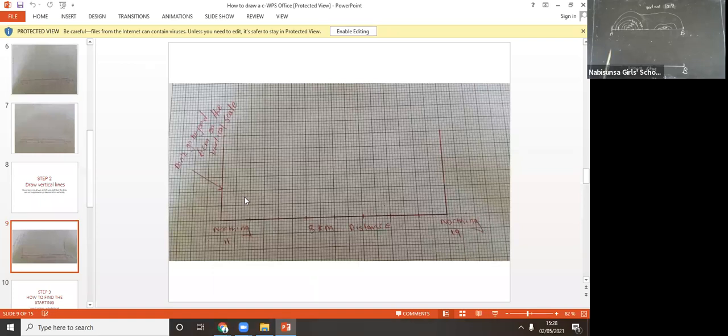Can you do that on your graph paper? Even me, let me do it. Here, I'm going to draw a line. Even this side, I draw a line. But this line is not supposed to go beyond 6 centimeters.